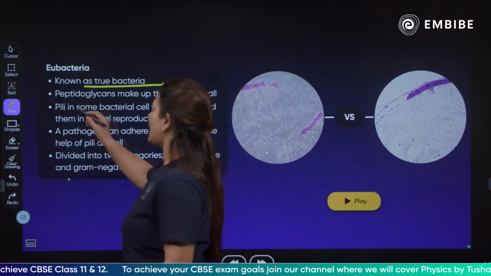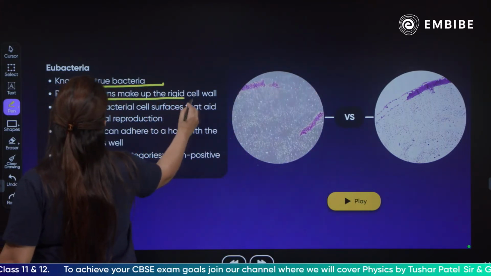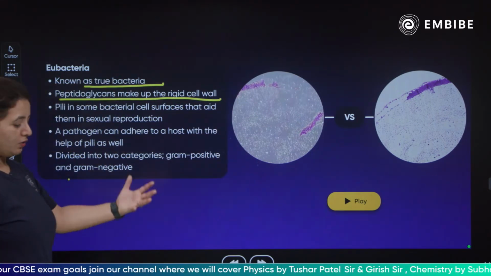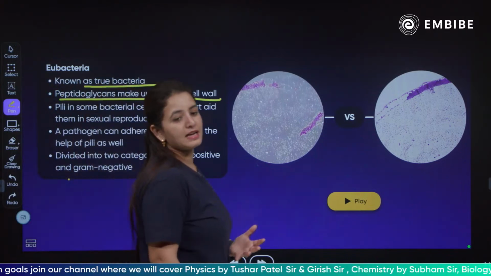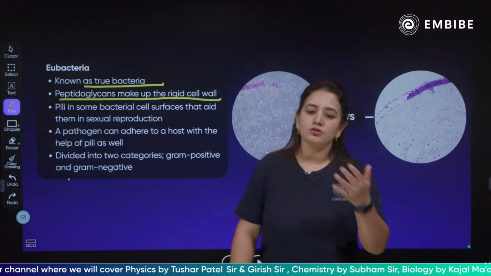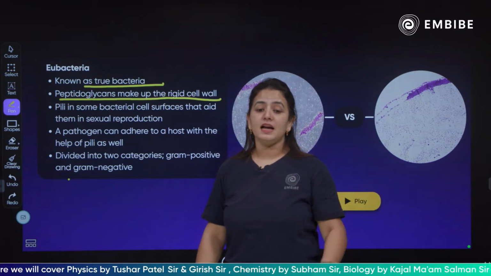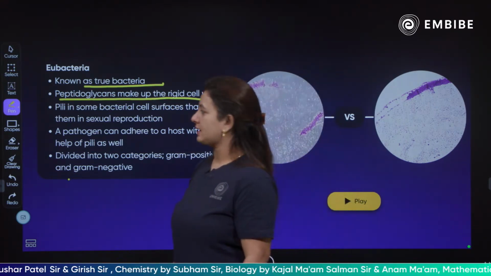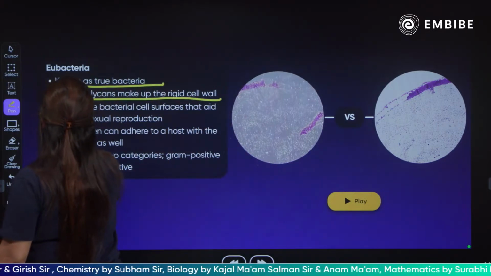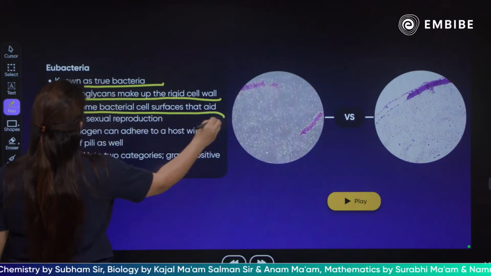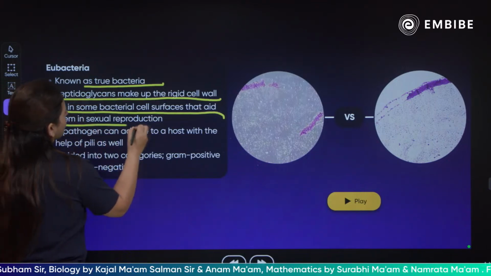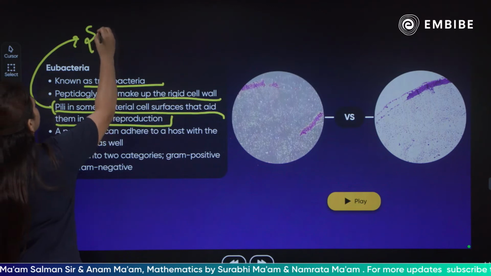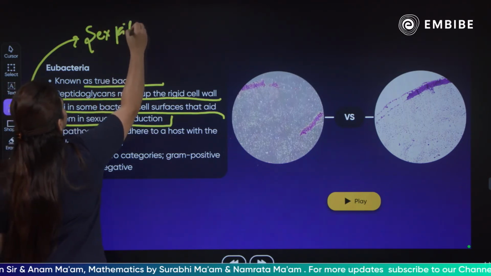Why? The peptidoglycans make up a rigid cell wall. Yesterday we discussed that the cell wall of a bacteria is made up of peptidoglycans. So the cell wall of Eubacteria is also made up of peptidoglycan. Pili. What is pili? Pili in some bacterial cells are surface structures that aid them in sexual reproduction, also known as sex pilus.